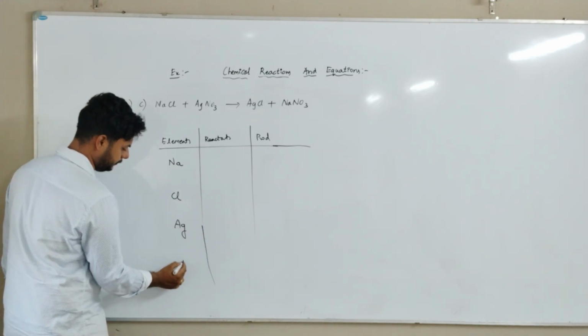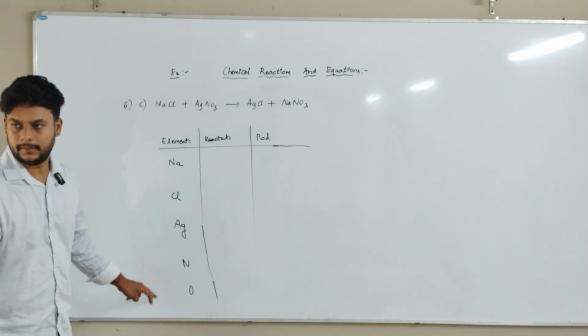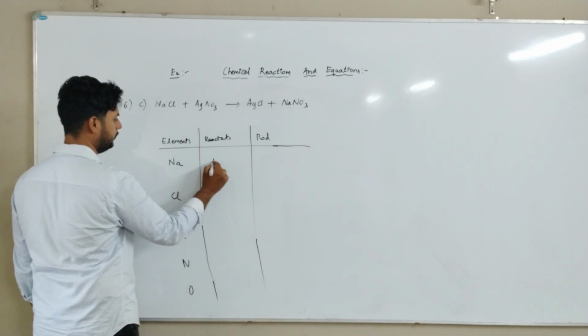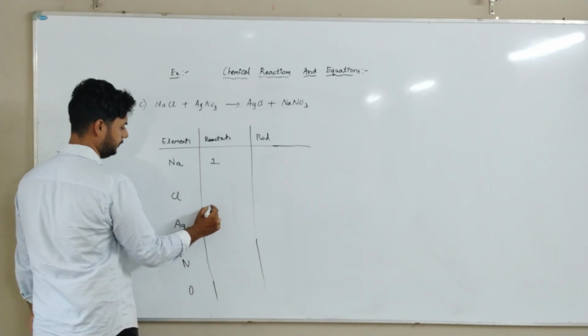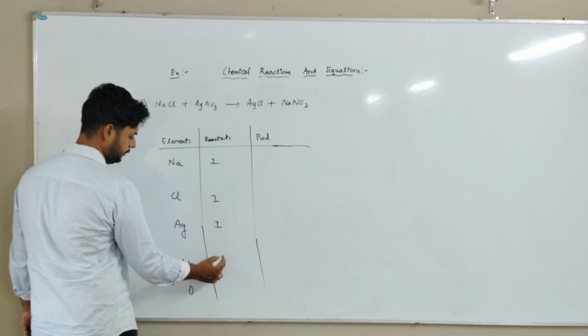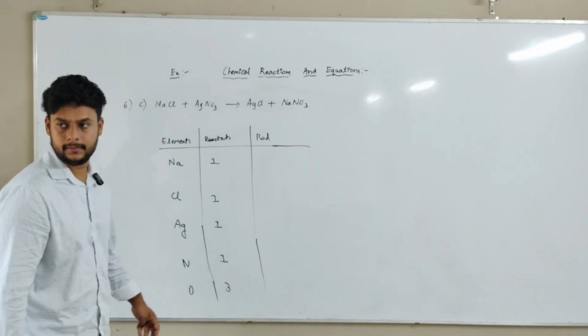Again I have nitrogen, I have oxygen. Understood? So Na how many I have here? Na I have 1, Cl 1, Ag 1, N1, O 3. It's balanced only.